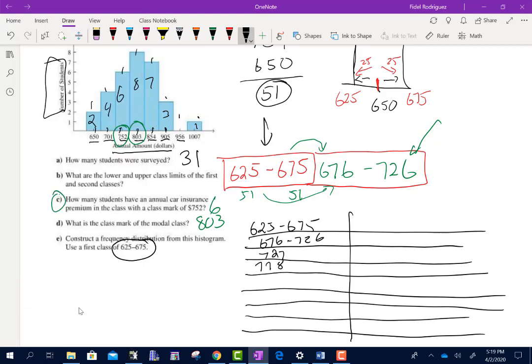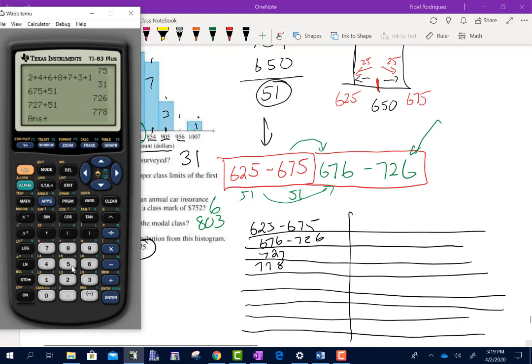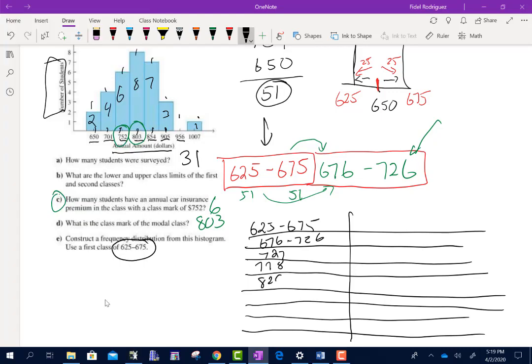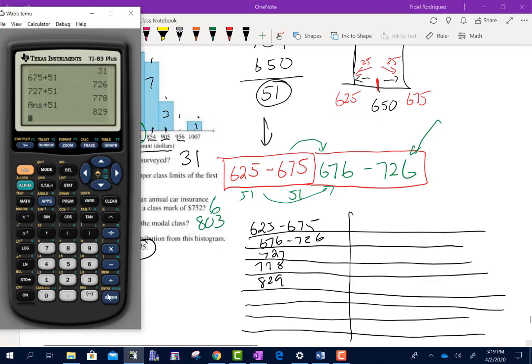That's going to be the number here. Okay. If I add another 51, 829, that's going to be my number here. If I add another 51, I'm going to come up with 880.